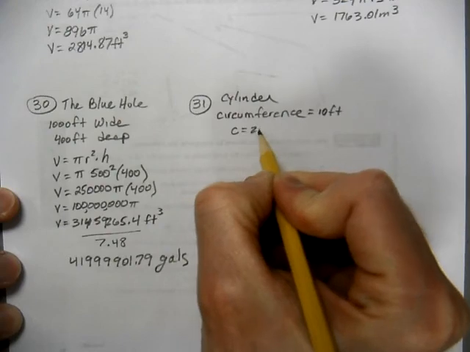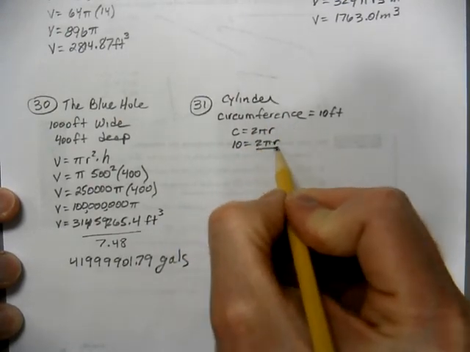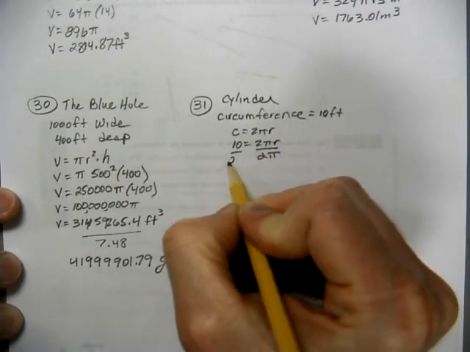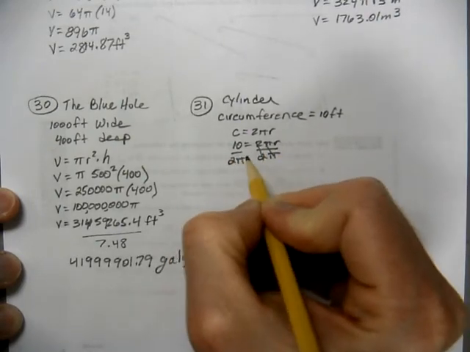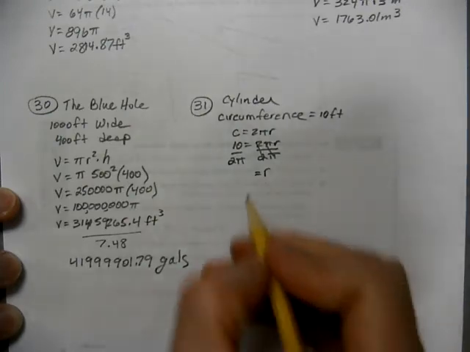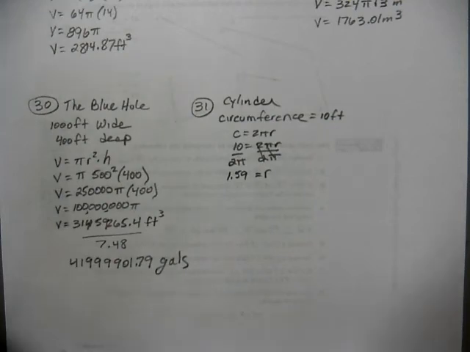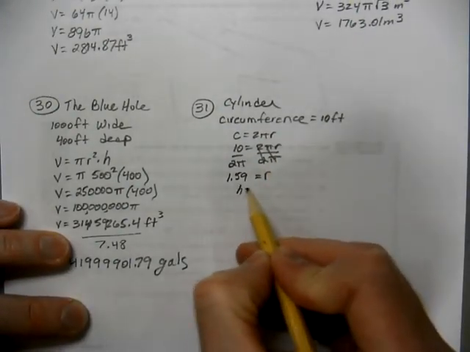So if C equals 2 pi r, 10 equals 2 pi r, then we know that our r value is going to be 1.59, and we know that the height is 20.